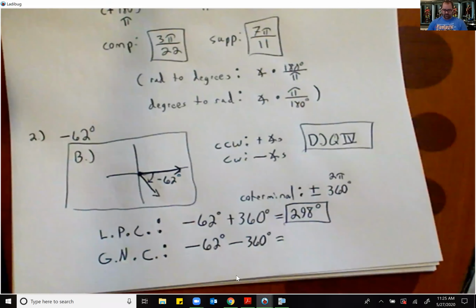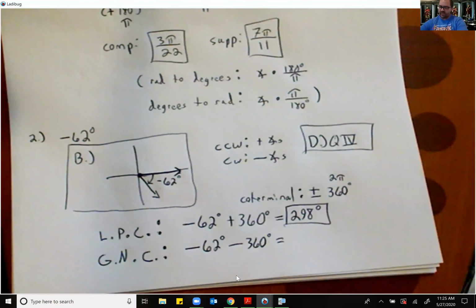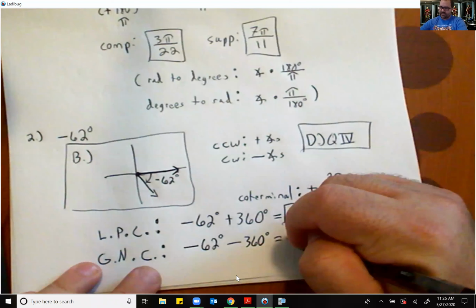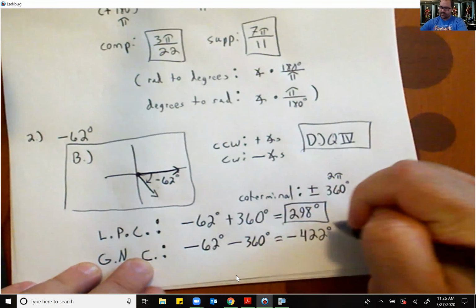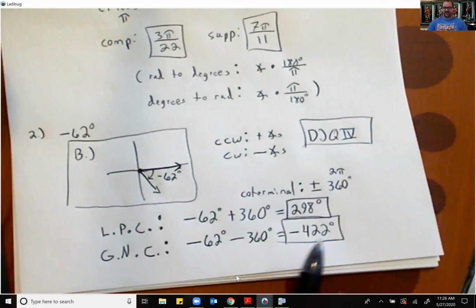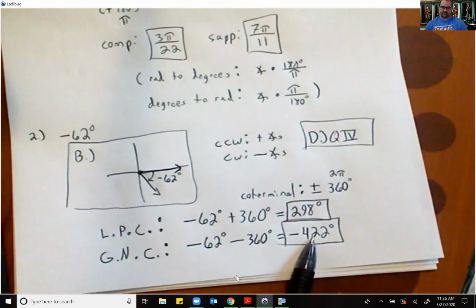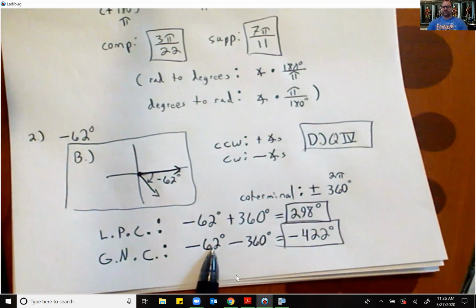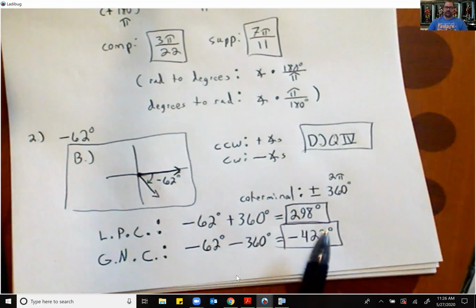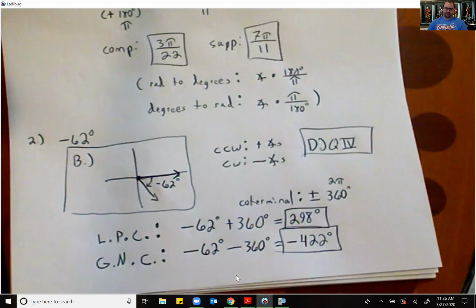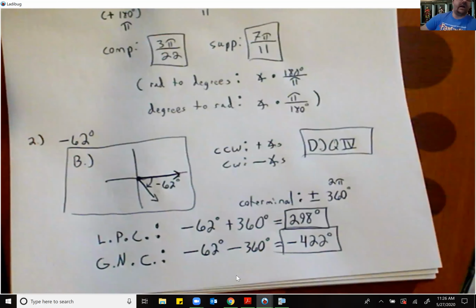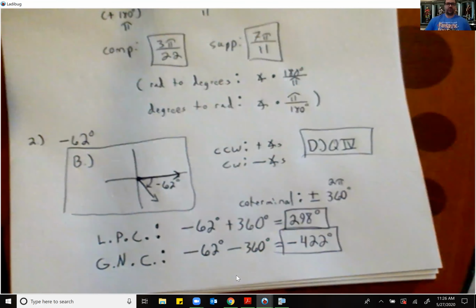So go to your calculator, take negative 62 minus 360, and you get negative 422 degrees. Again, this is not the greatest negative. They just wanted you to go one more coterminal in the negative direction. Again, not the greatest vocabulary word choice for that question.